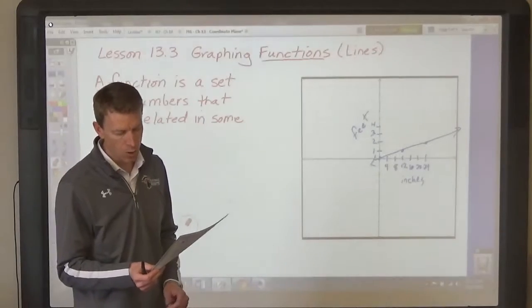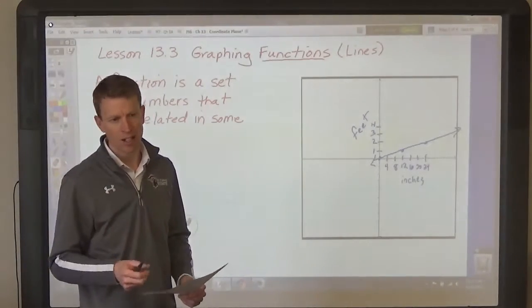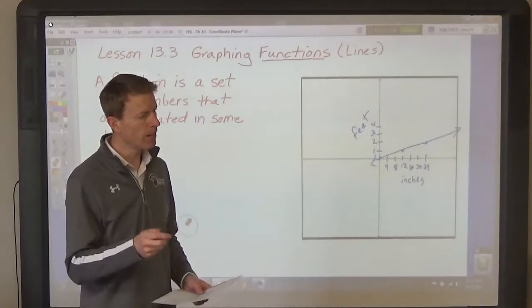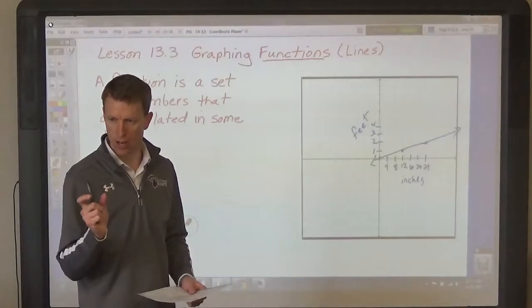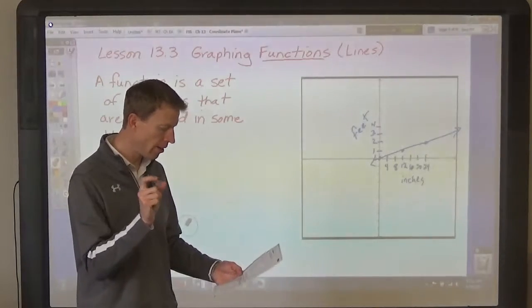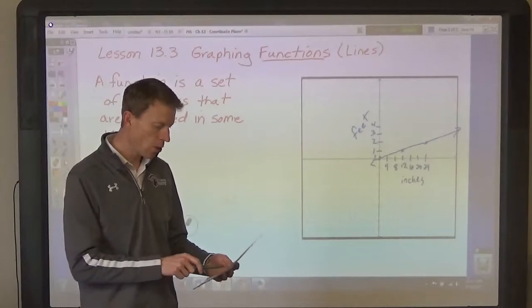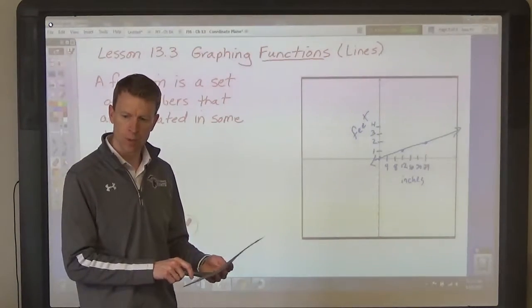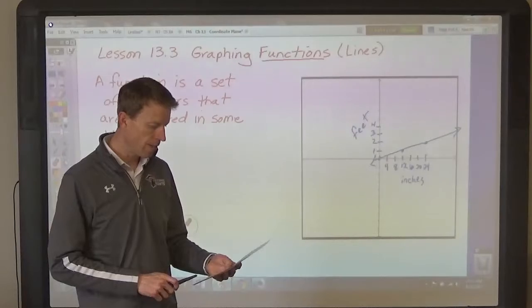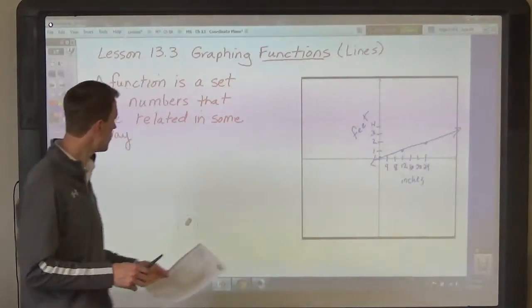It says write an equation relating y to x. That's more of a challenge question. So if you can figure out a way to write that as an equation, that could be a challenge for you, but we're not going to do that together as a class. However, we're going to use the line, we're going to use the pattern to find a value for the one that's missing.